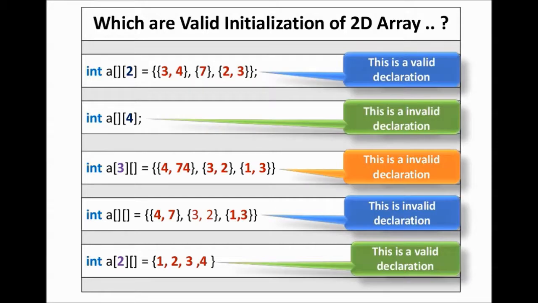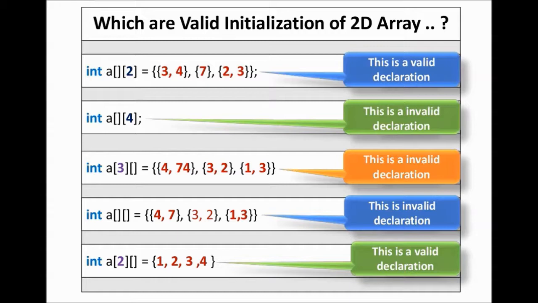Here is the answer. The first one is a valid declaration, the second is an invalid declaration, the third is invalid, the fourth is invalid, and the last one is a valid declaration.